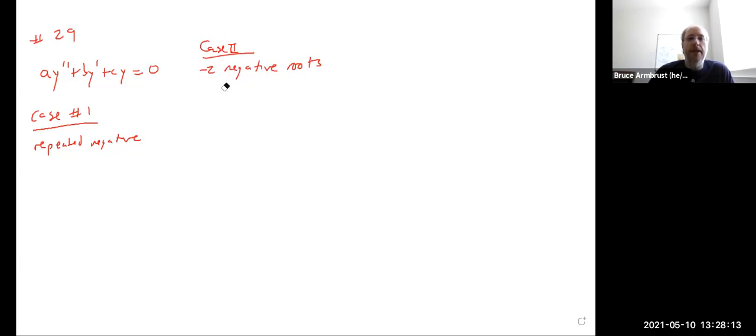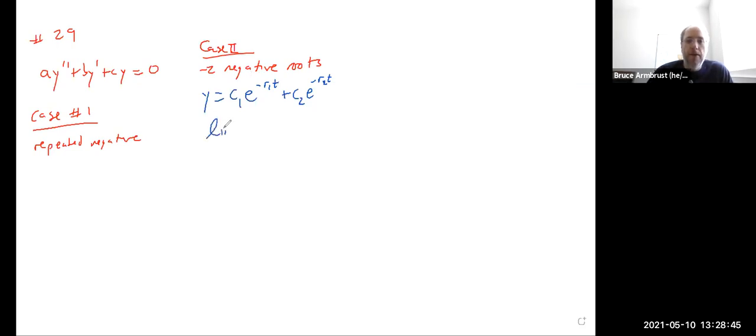So let's actually start with the two negative roots. So we go and we solve, we get two roots, and think about what our solution looks like. It's C1 e to the, and I'll just call it minus R1t plus C2 e to the minus R2t. So minus R1 and minus R2 are our two roots.